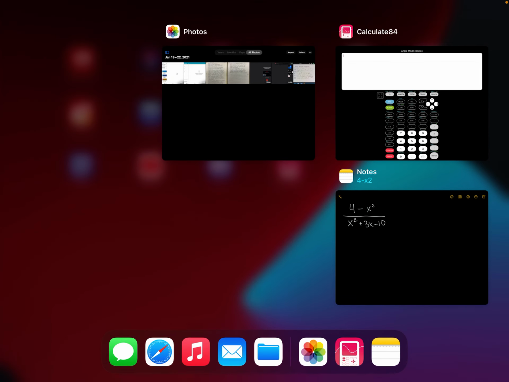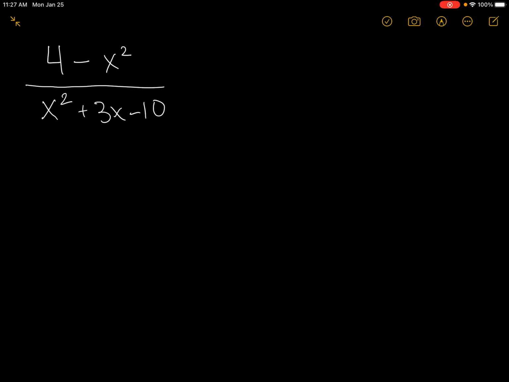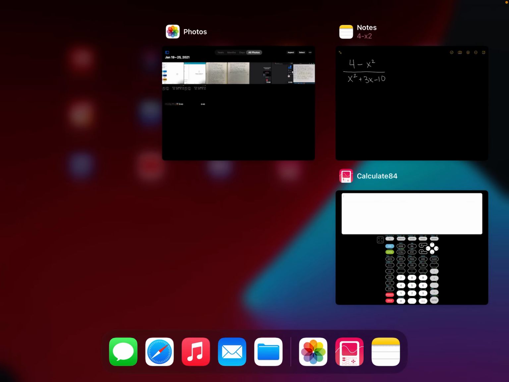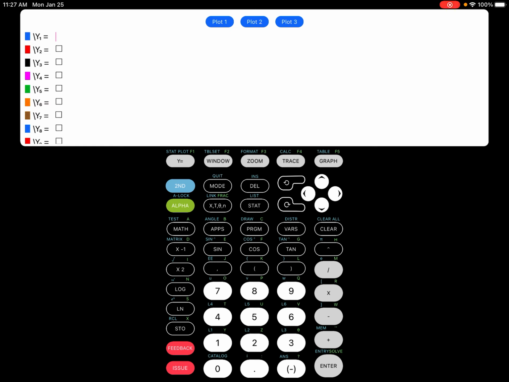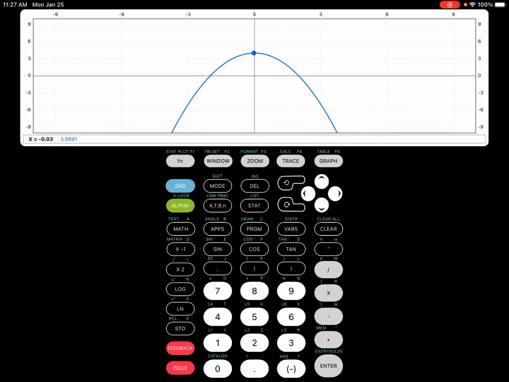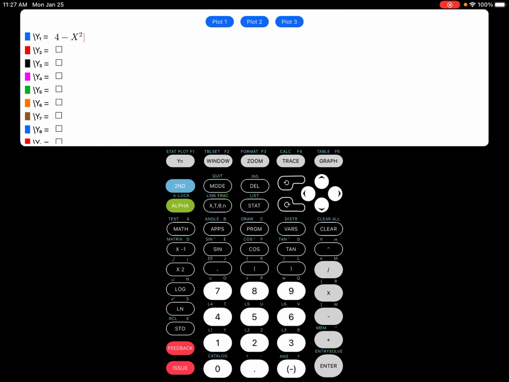You guys might not know how to factor 4 minus x squared, so what I'm going to do is graph that. 4 minus x squared. I'm going to click graph. If you look at this graph, it has zeros right here at x equals negative 2 and at x equals positive 2, right?